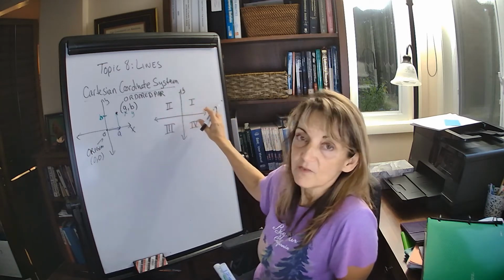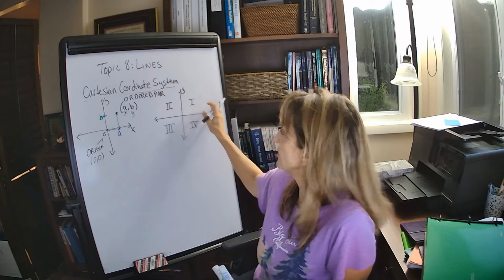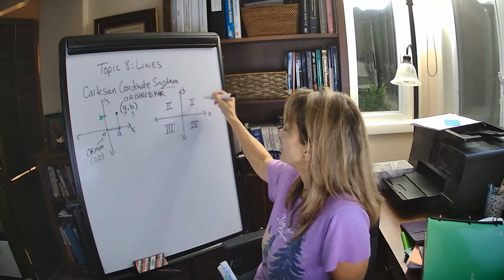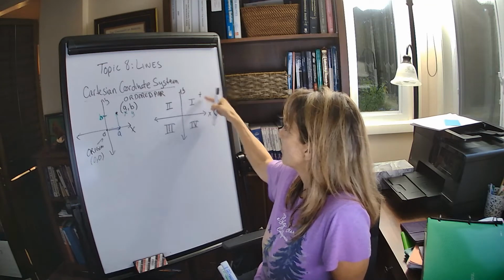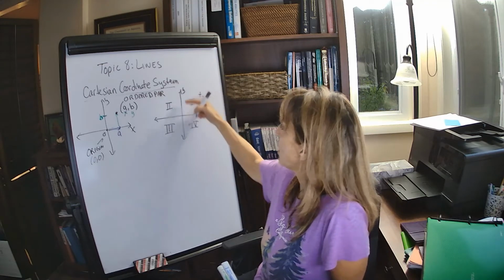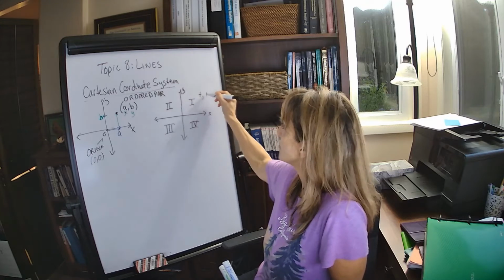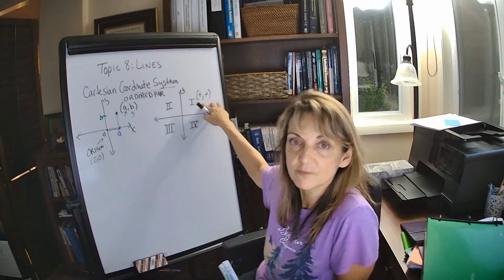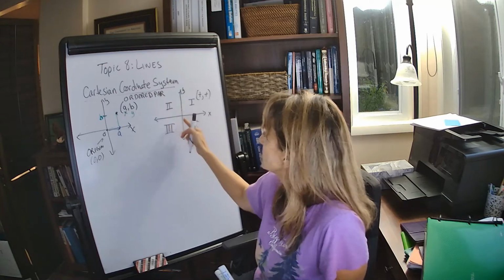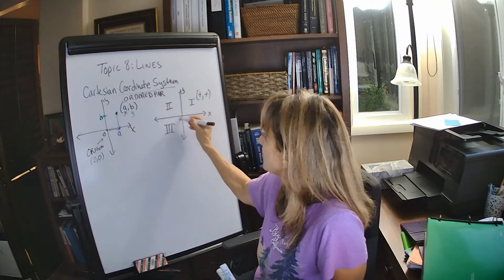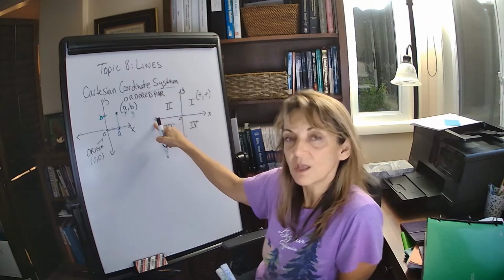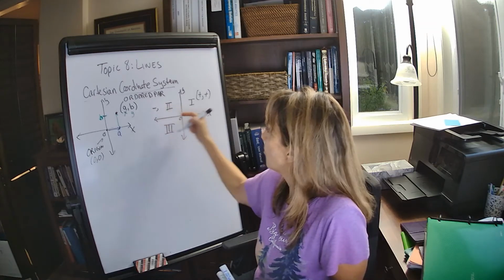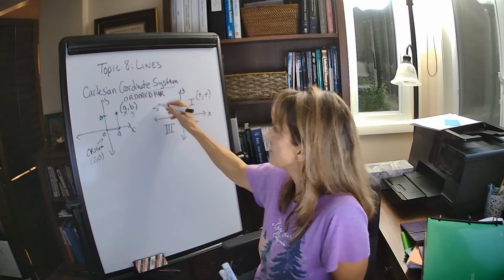If you think about the characteristics of the points in each of these quadrants, in the first quadrant the x-coordinate is always positive, and the y-coordinate, being above 0, is also positive. So all the numbers in the first quadrant are positive, positive. In the second quadrant, we are now to the left of the origin, so the x-coordinate is negative, and the y-coordinate, because we're above 0, is positive.